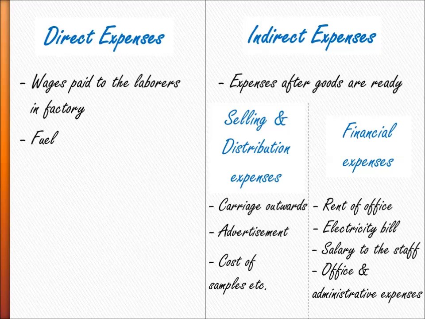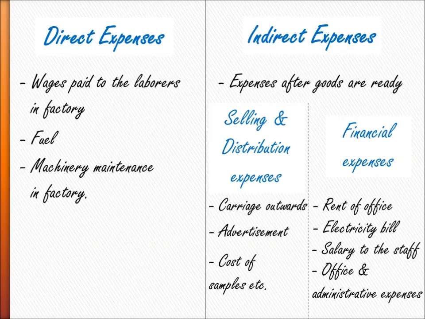But the direct expenses are directly related to production, like wages in the factory, fuel. Sometimes we have to use some fuel in the machinery maintenance in the factory. If you are paying power in the factory, means power is always used for the machinery, not for the office. So power is always treated as direct expenses.